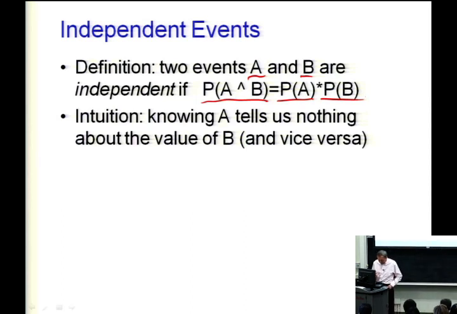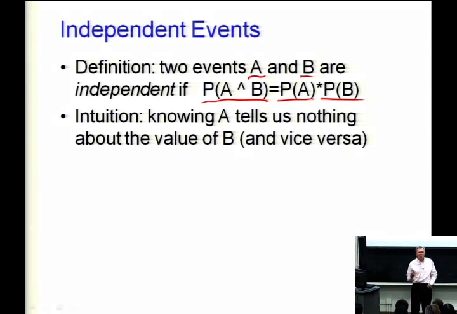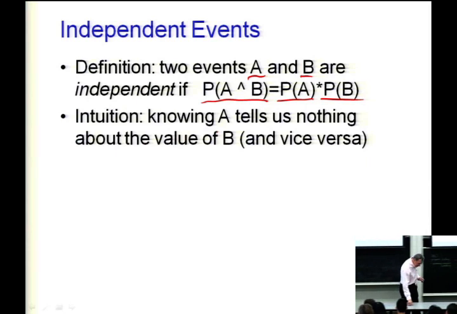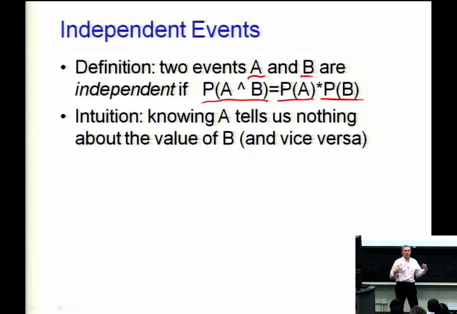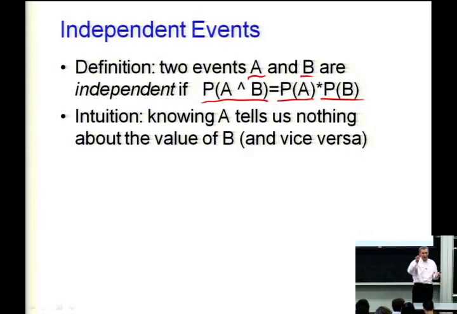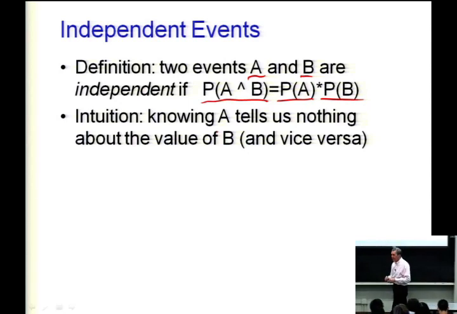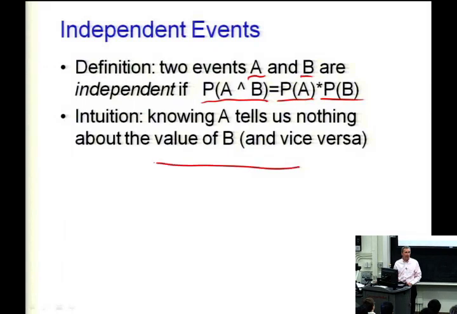Well, in other words, what this is saying is that A doesn't really tell us anything about B. The probability that there are an even number of students in the class is independent of whether, when I flip this tack in the air, it's coming up with the point up or the point down. So those are two different events, but knowing whether there's an odd or even number of students in this room won't really tell me anything to help me gauge the probability of this other thing. So those are two independent random variables.